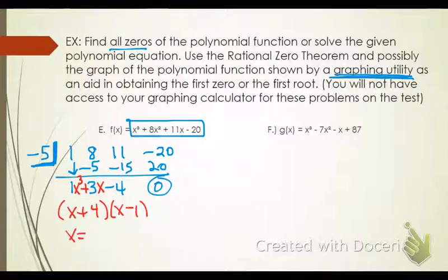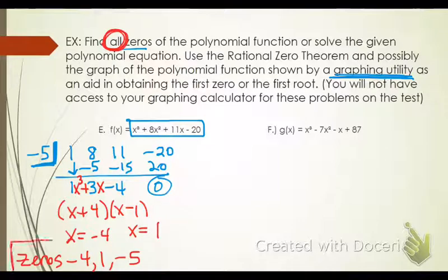So if x plus 4 is a factor, I have a 0 at negative 4. And if x minus 1 is a factor, I have a 0 at 1. So all we had to do on this one is find all the zeros. So I actually have to make sure that I include the negative 5 in my answer. Can't just leave it x equals negative 4 and x equals 1.